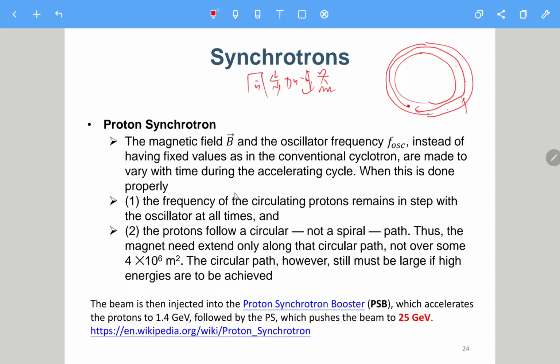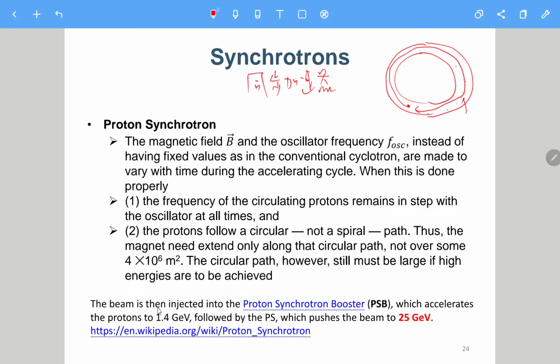Okay, so in that case, the frequency of the circulating proton remains in step with the oscillator at all times, and so on. The circular path, however, still must be large if high energies are to be achieved. So for this synchrotron, you can check the so-called proton synchrotron. If you're interested, you can check it on Wikipedia.